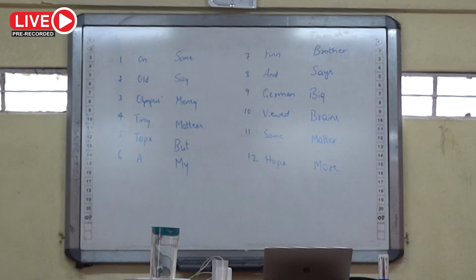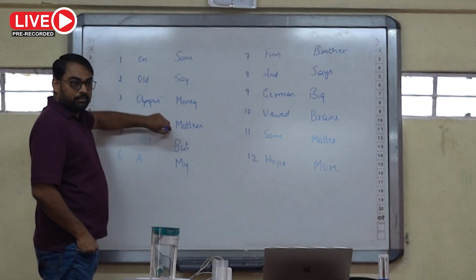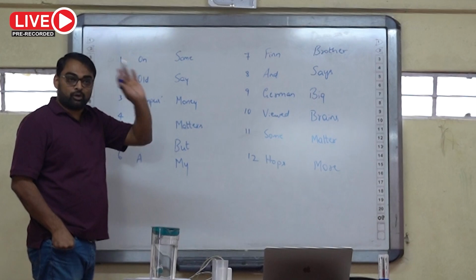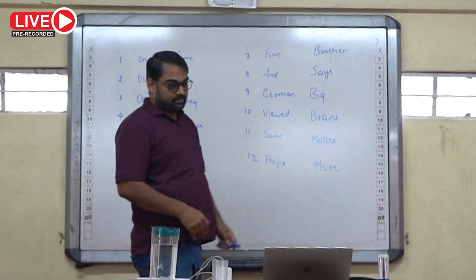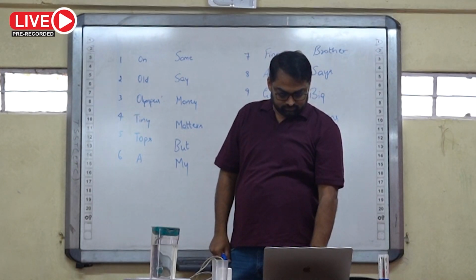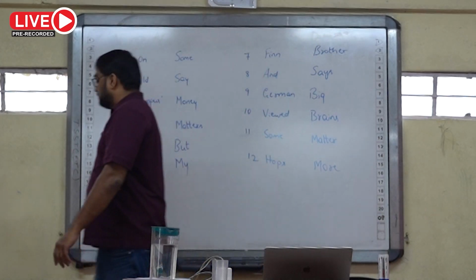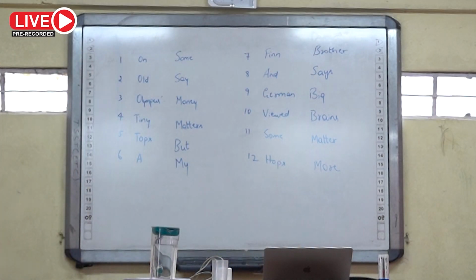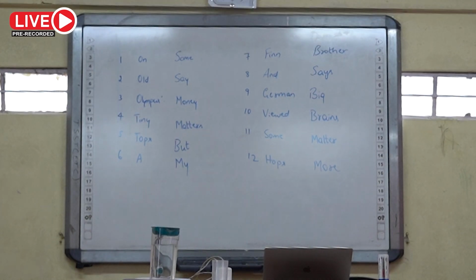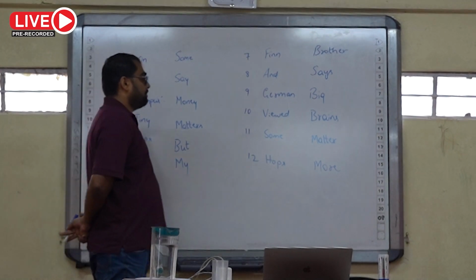S is sensory, M is motor, P is both sensory and motor. Okay? Easy, no? Some say money matters, but my brother says big brains matter more.